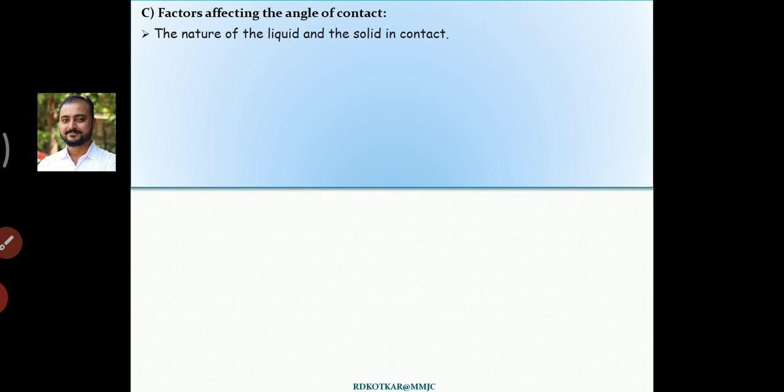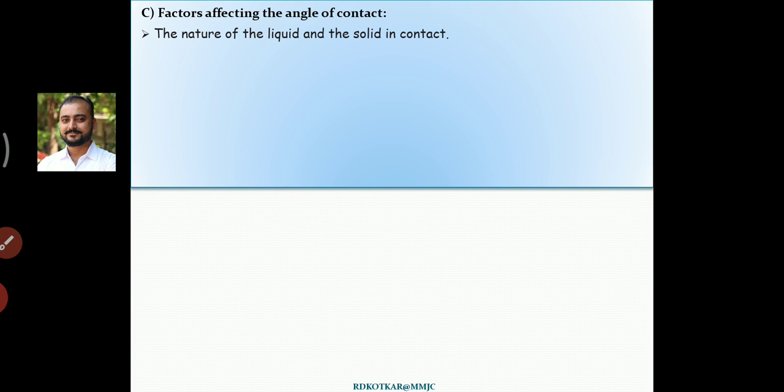For example, let me consider pure water poured on the surface of clean glass. That will have an angle of contact of 0. Understood? The value of angle of contact for pure water and a glass surface is 0 degrees.